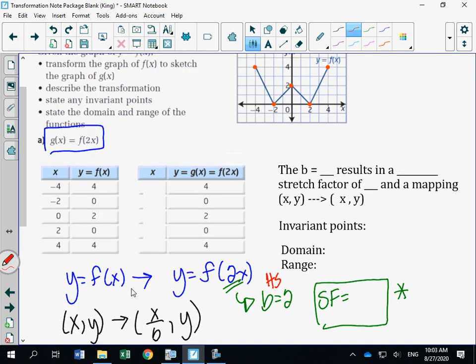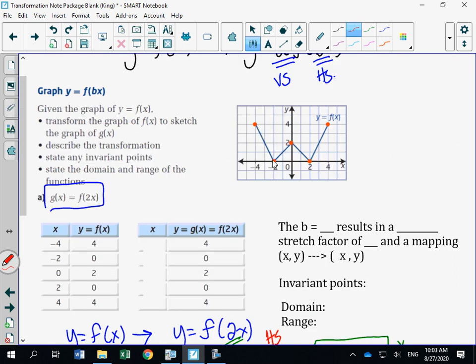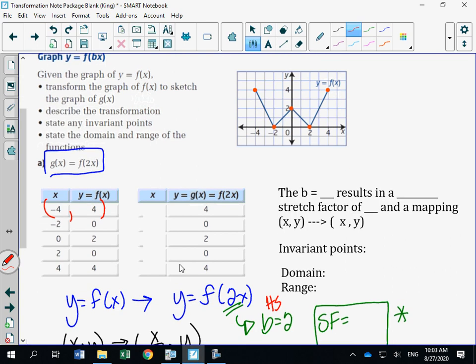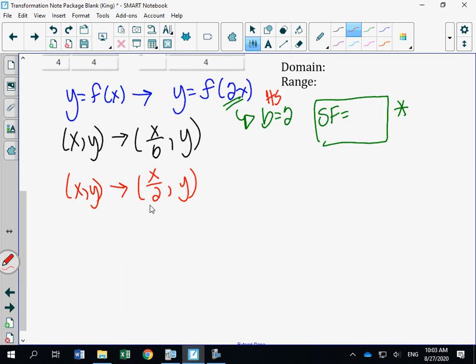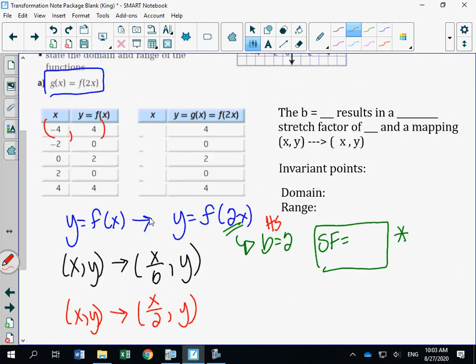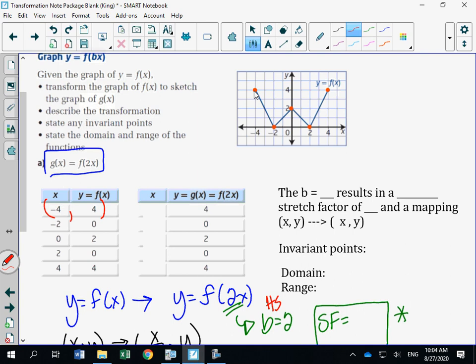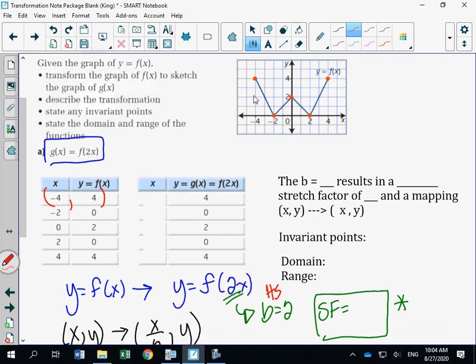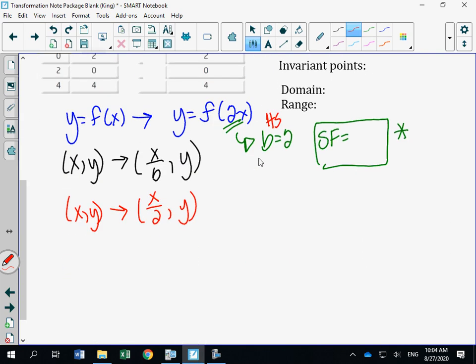I've got the points here for you. I want to rewrite these 5 coordinates so that we can do our proper mapping. Okay, so the first point was this guy, which was -4 comma 4.